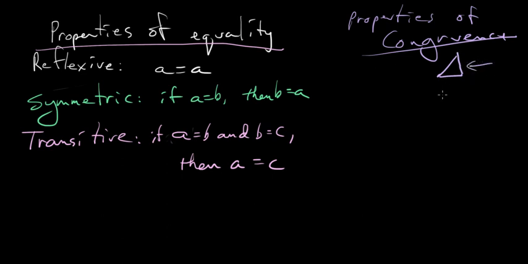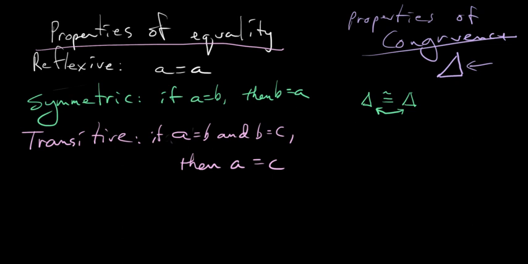That's what the reflexive property tells us. Real simple, but we still have to say that, okay? The symmetric property says if this triangle is congruent to this triangle, then they're congruent with each other, okay? So we can flip those back and forth. They're congruent with each other.